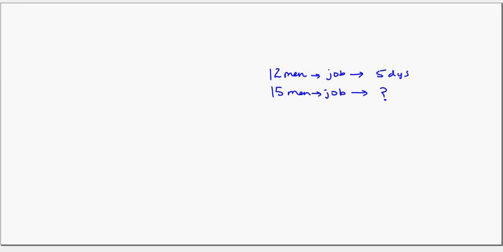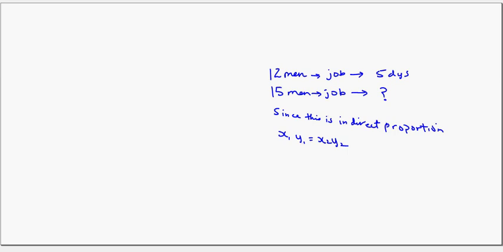And seeing that it's indirect proportion, we could say that x1 y1 is equal to x2 y2. That's the equation that we just learned.